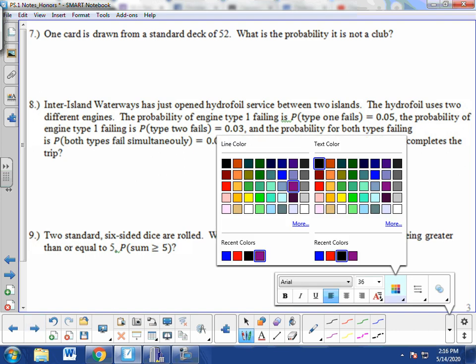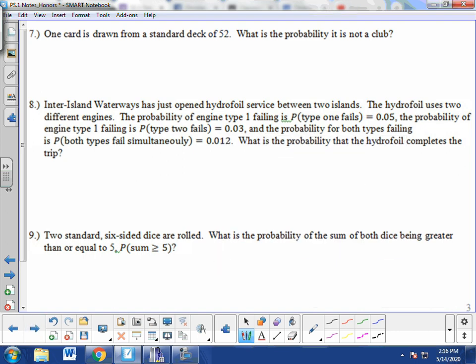Hopefully you finished problem number 7. Problem number 7 says one card is drawn from a standard deck, so we're taking one out of the deck. What is the probability that it is not a club? So not a club is going to be our event. What you could have done is the probability that it is not a club, which would be out of 52.